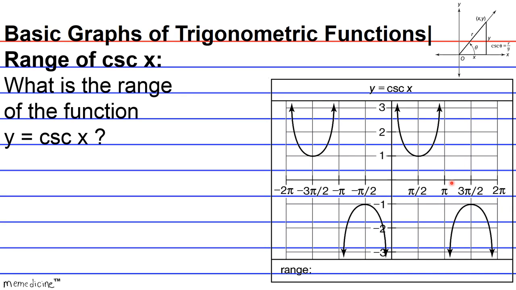And so, based on visual inspection, the range is when y, the dependent variable, is less than or equal to -1, or greater than or equal to 1. All right, so that is our answer for the range, the set of all dependent variables.